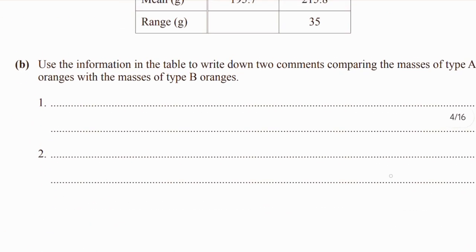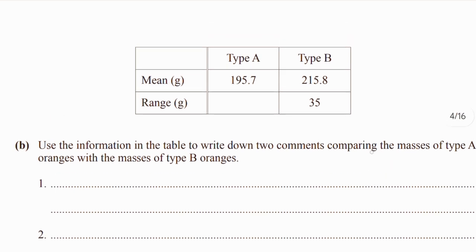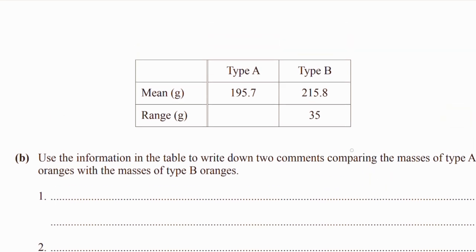Now the next question: use the information table, write down two comments comparing the masses of type A oranges with the masses of type B oranges. By using the mean, type B is 215, which means type B oranges are heavier than type A oranges, and the range is as given.